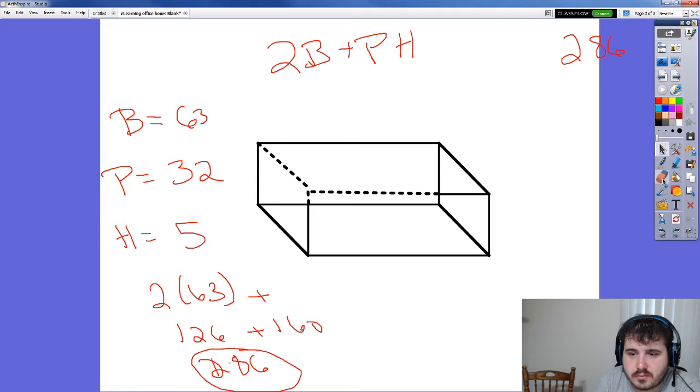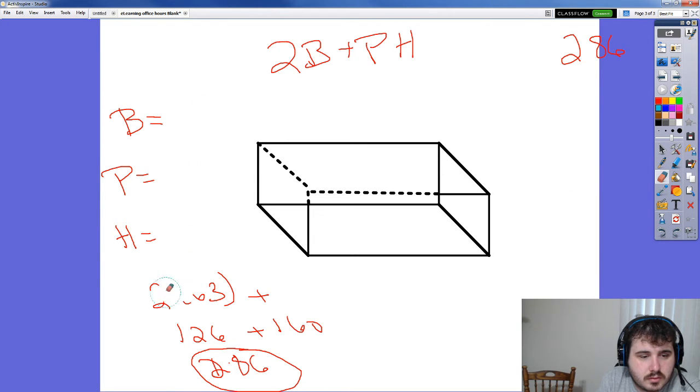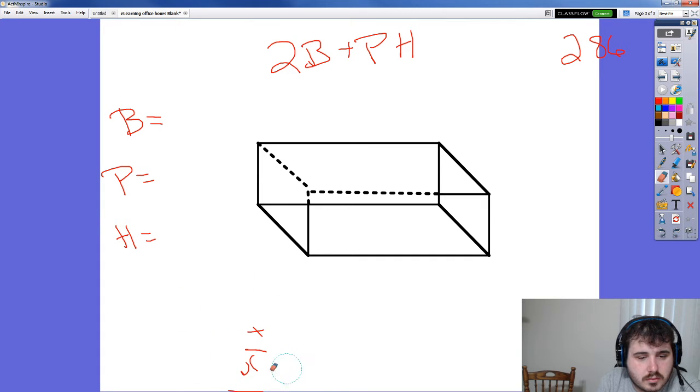Let's get rid of this. So let's choose a different side. Let's choose this left side here.